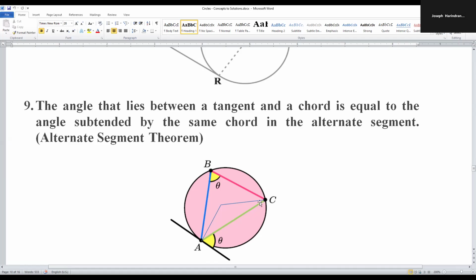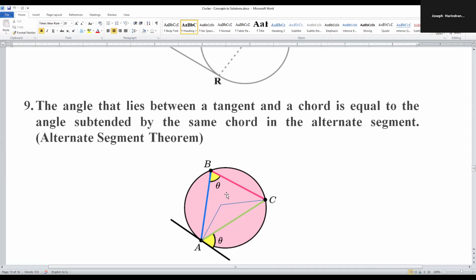The angle made between this tangent at A and the chord AC is marked as theta here. This angle is equal to the angle in the alternate segment, the other segment, not this segment. The alternate segment is the other segment, ABC, the angle ABC, which is same as theta.